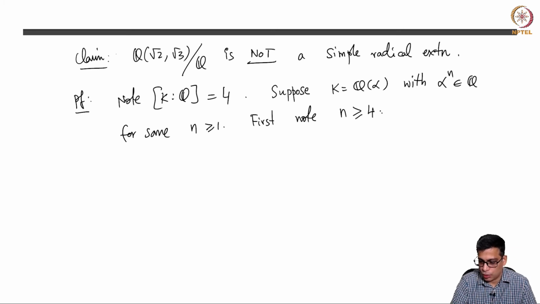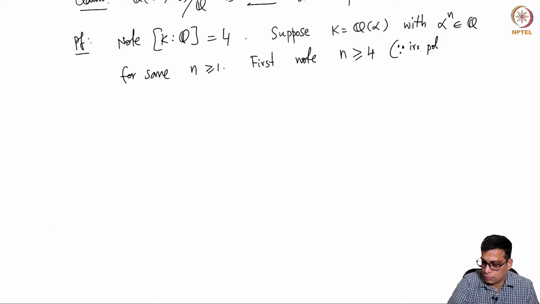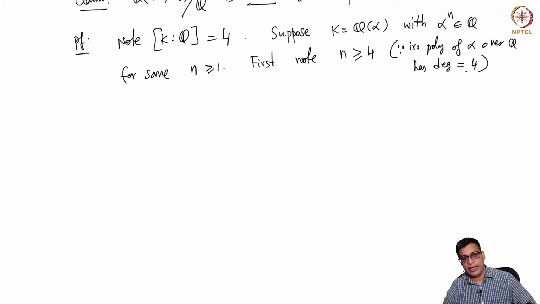n is at least 4. Yeah, so it's clear because the irreducible polynomial of alpha over Q has degree equal to 4. That means any polynomial that alpha satisfies has degree at least 4.